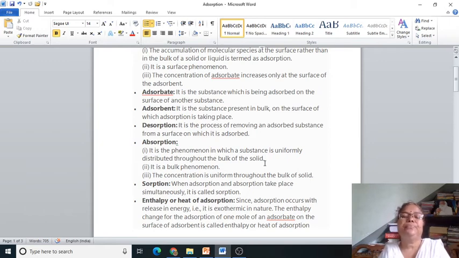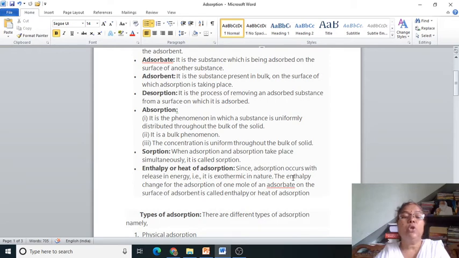That means the water molecules get penetrated in the bulk of the sponge, in the cavities of the sponge, and this phenomenon is the absorption. Remember, absorption is a bulk phenomenon. The concentration is uniform throughout the bulk of the solid.